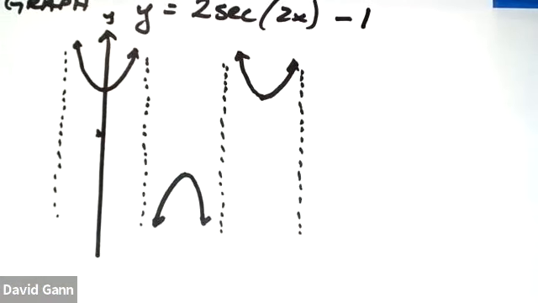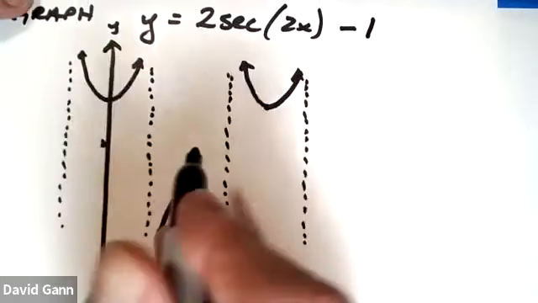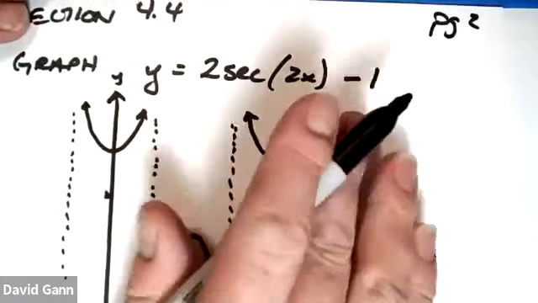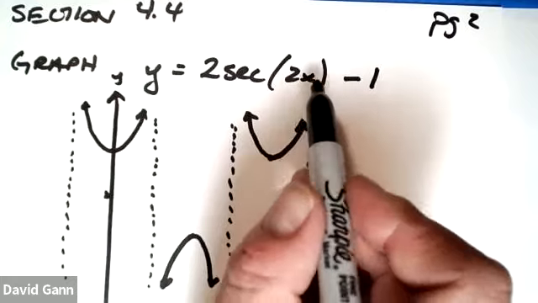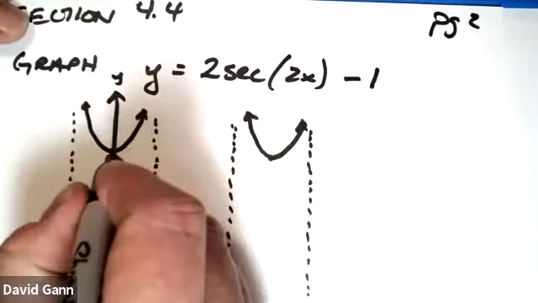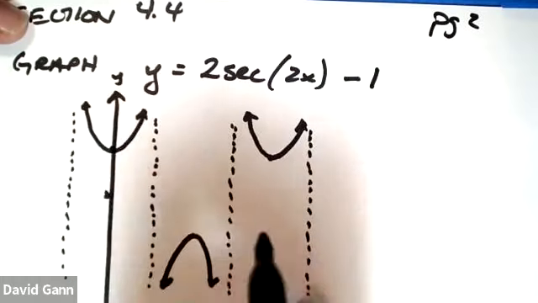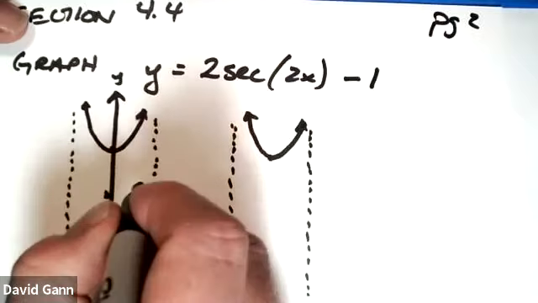Okay, so how to find it though? Well, we can start with the observation that at x equals 0, secant is 1, so 2 times 1 minus 1 is 1. This low point is going to have a y value of +1.